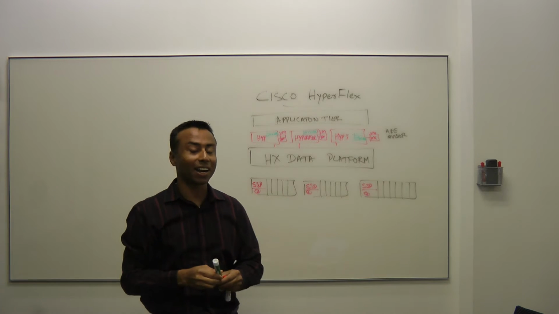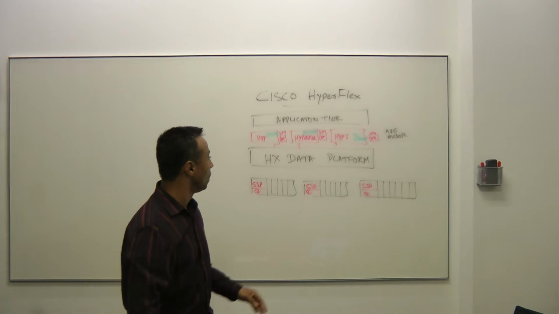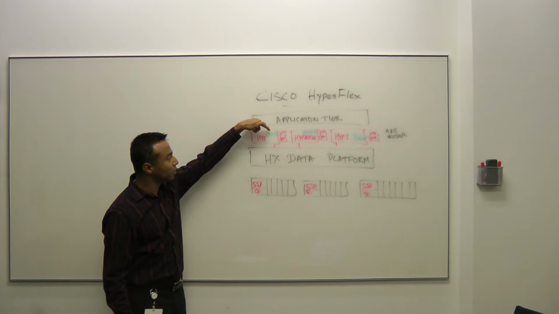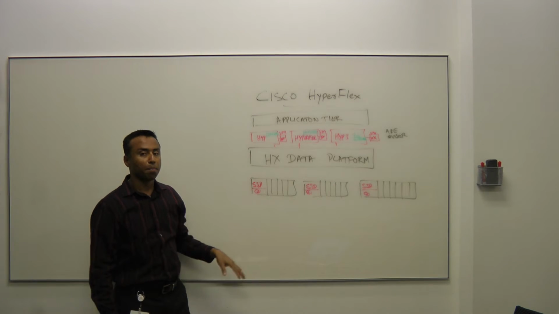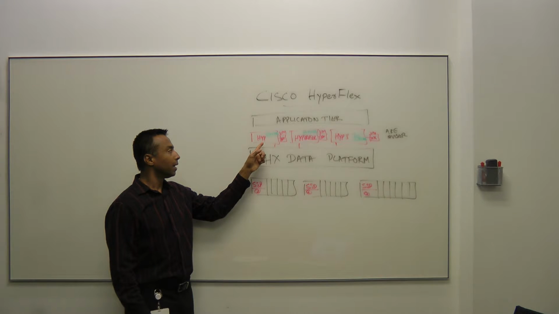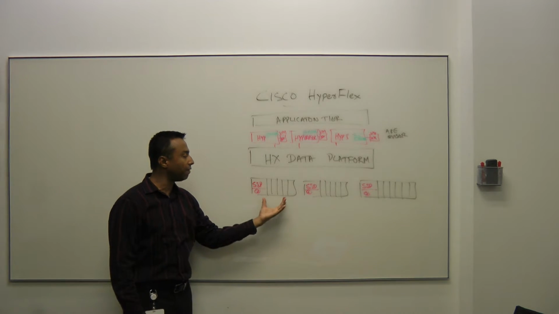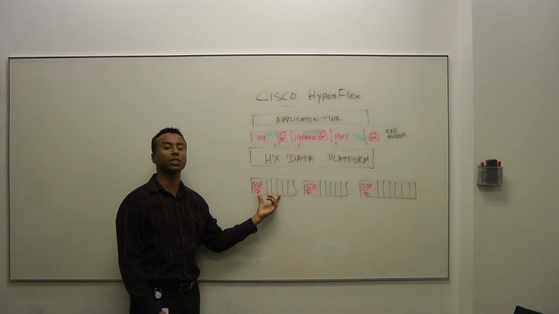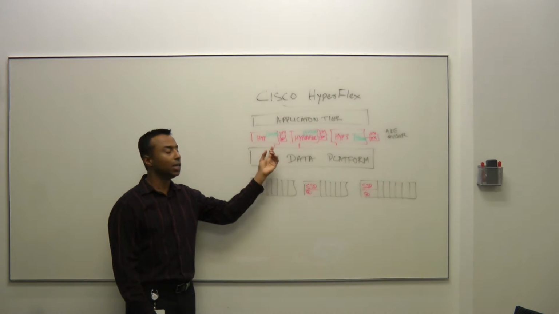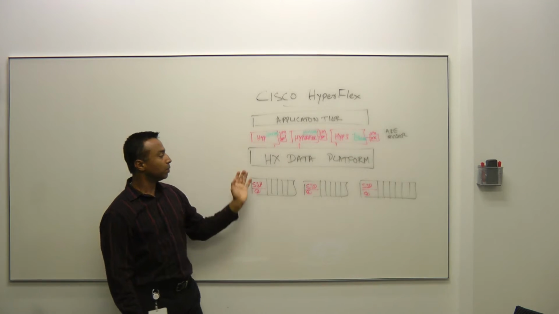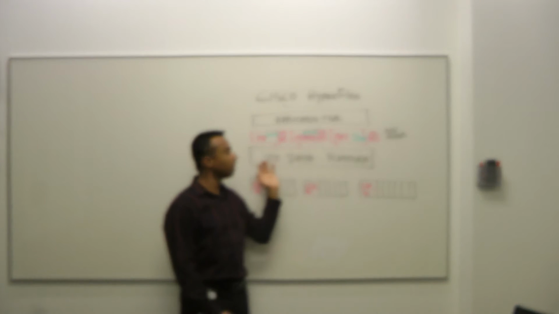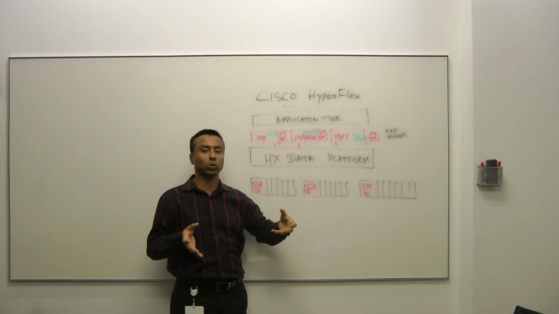All right, so that's the architecture. I know it shows a lot of different things here, but the reason I'm drawing it out is to highlight a couple of things. The function of IO Visor is that the hypervisor does not have to have direct lines to the physical infrastructure it's sitting on. We have the ability to load share amongst all the nodes in providing the actual data itself.